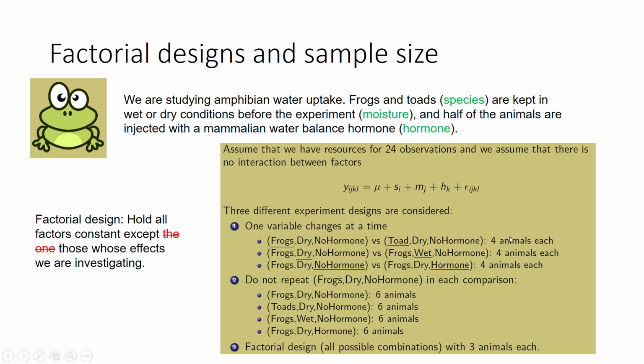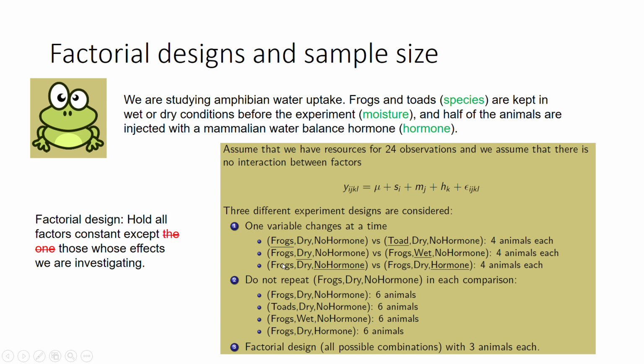In each one of the groups we have 4 animals, so we can analyze the effect of each one of the factors. But if we are asked what the effect of the hormone in toads is, we don't know because we haven't tested. All we have tested is the effect of the hormone in frogs, but not in toads.